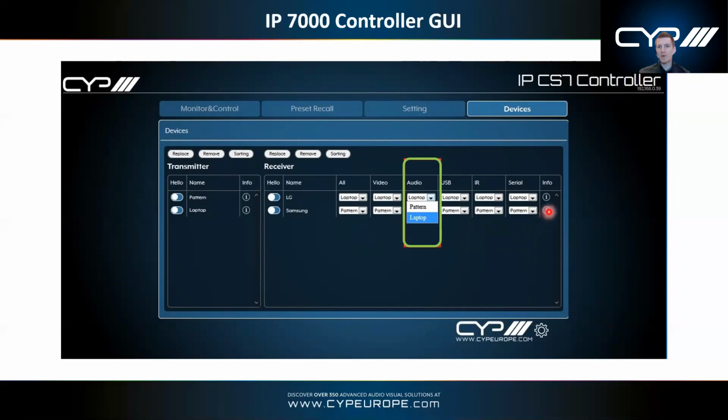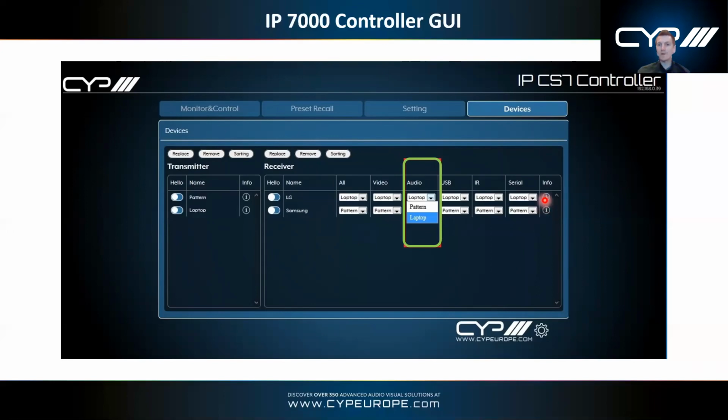When you actually click, you've got on the right hand side here the I button for information. The nice thing now with our latest controller firmware is that you can access all of the transmitter and all of the receiver information from the controller. With the previous generation, if you wanted to log into a receiver, for example, to change the scaling output, you had to log into the individual IP address of that receiver.